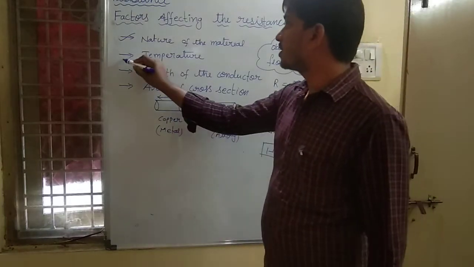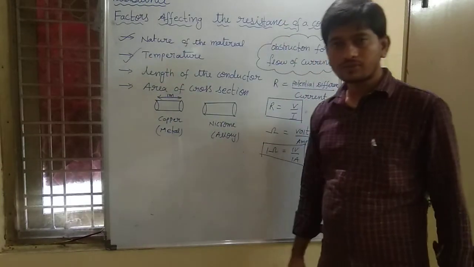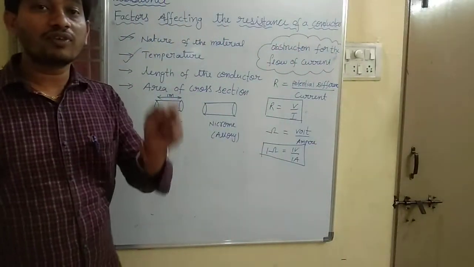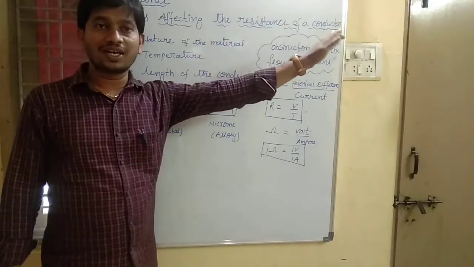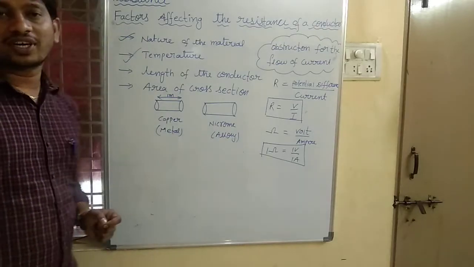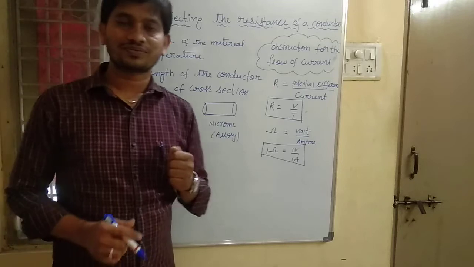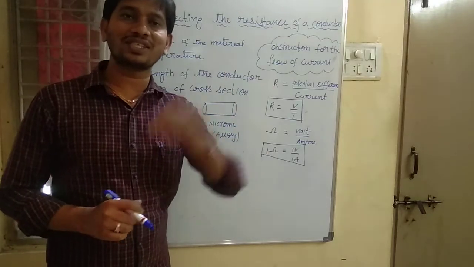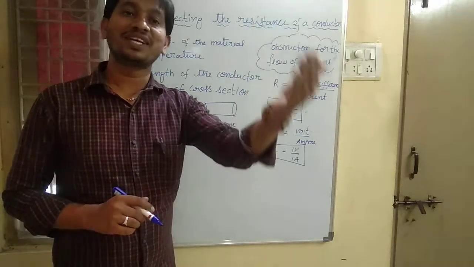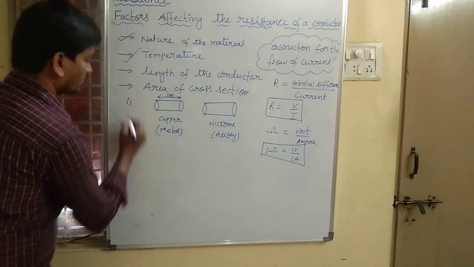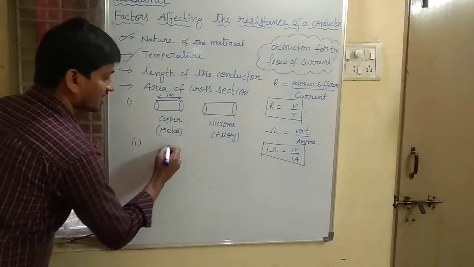And the second one is temperature. Temperature is also one of the factors affecting the resistance of a conductor. As we increase the temperature, resistance also increases.